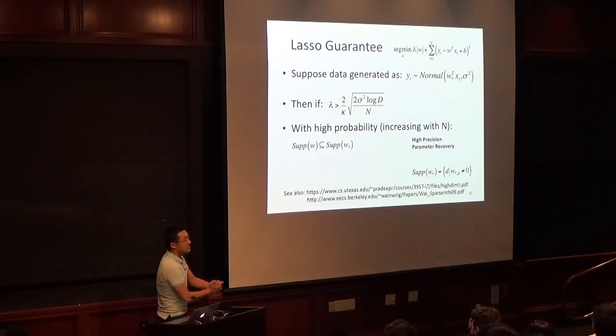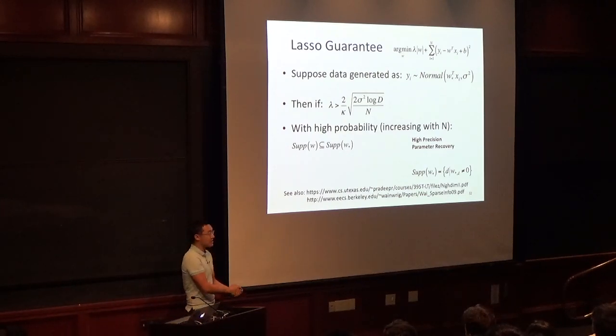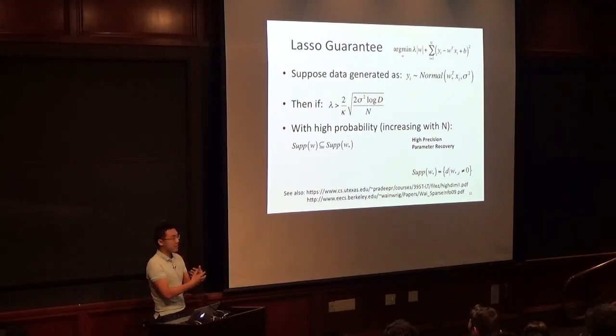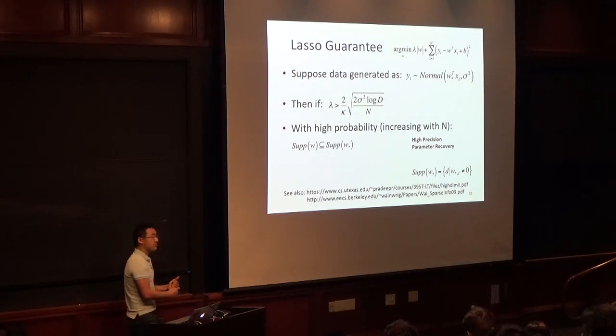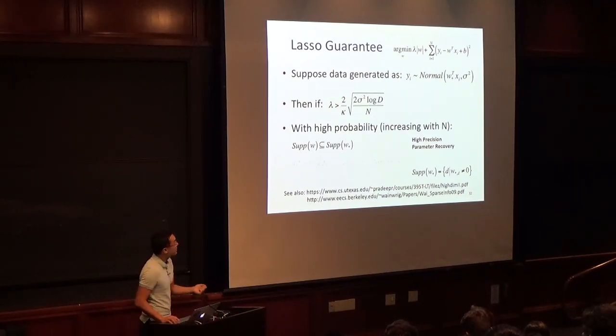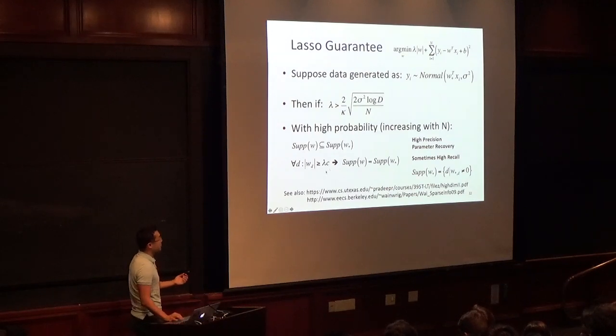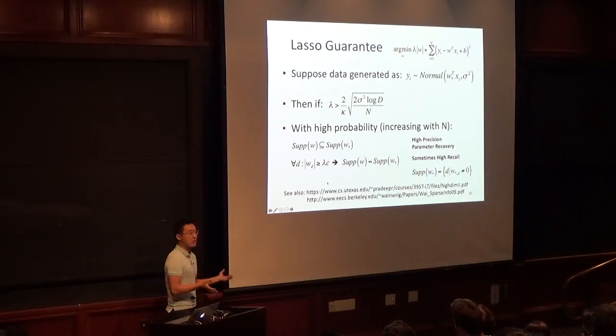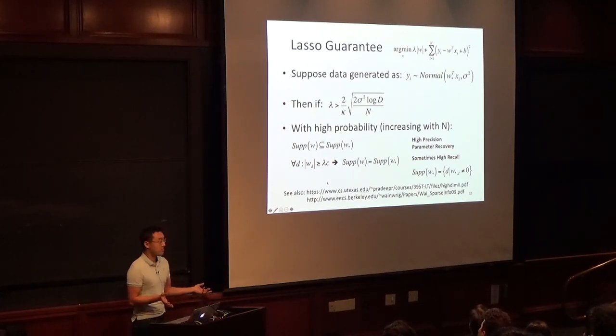What that means is that we will only have true positives and not false positives. If this entry of W is non-zero, I have reason to believe that it truly is non-zero in the W star that generated the data. And then in this other condition, which is related to the size of the training data, if the training data is sufficiently large, then I can exactly recover the support of W star.